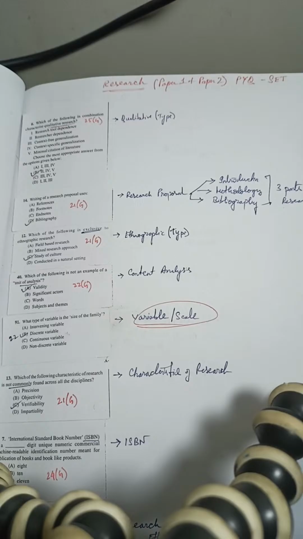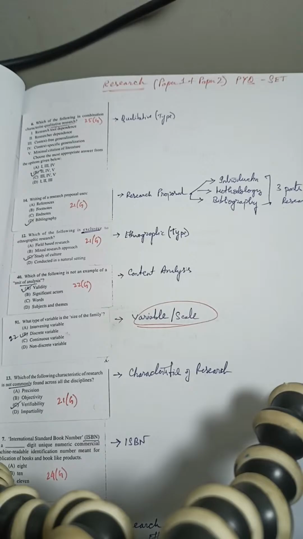Then comes the context free generalization. No, qualitative research doesn't require context free generalization, so it is not a characteristic. The fourth option is context specific generalization. Yes, it is obviously a characteristic. So we must decode the question.